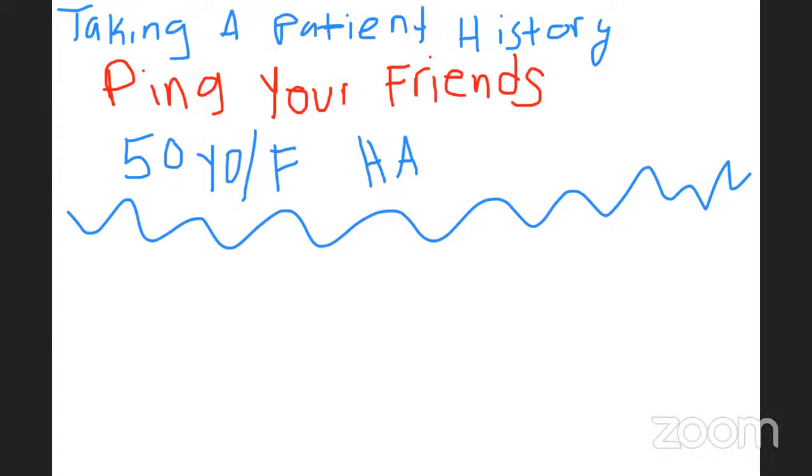I can type in any chief complaint and I'll get a lot of articles on that chief complaint. Some of those articles will say history taking for headaches. So I'll skim it, and then pull out what questions I need to ask specific to headache. And that's how I'm able to move quickly, but thoroughly and efficiently through my history taking.